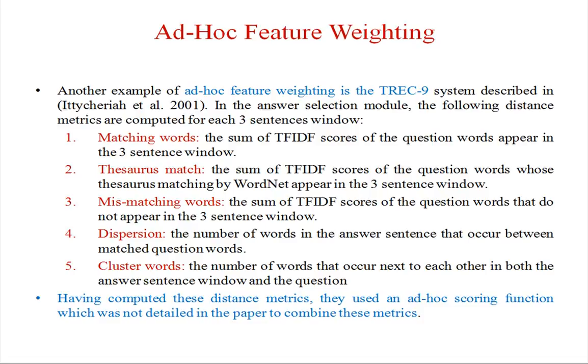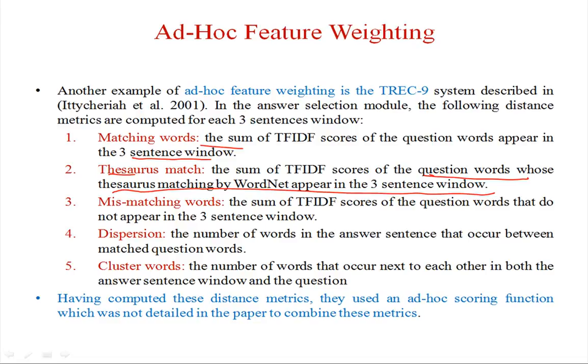Some ad hoc feature weighting schemes are also used, like matching word: the sum of TF-IDF scores of the question words that appear in the 3 sentence window. Thesaurus match: the sum of TF-IDF scores of the question words whose thesaurus matches by WordNet appear in the 3 sentence window.